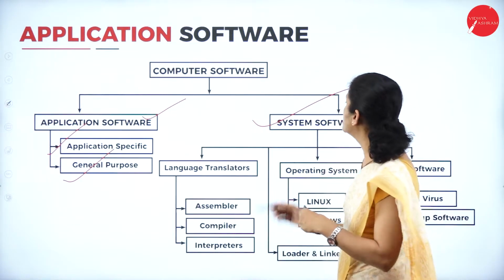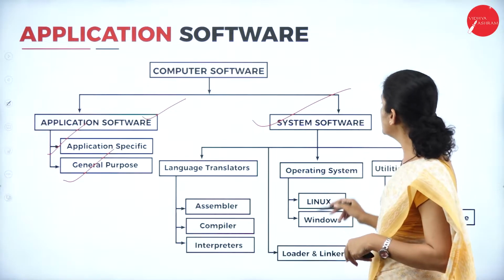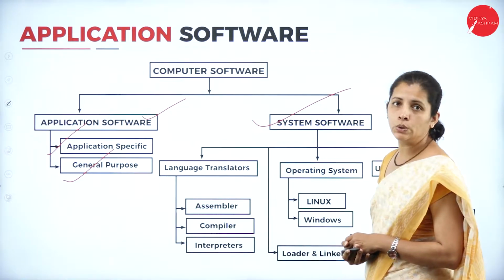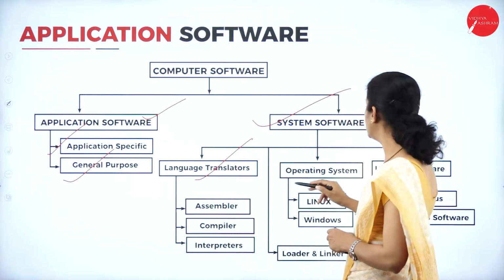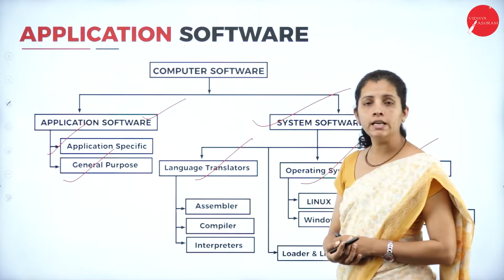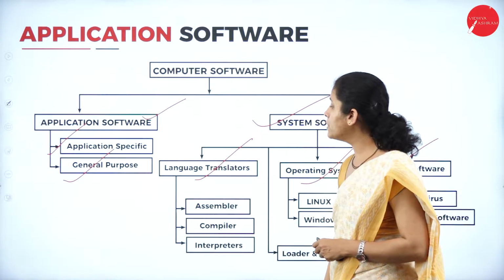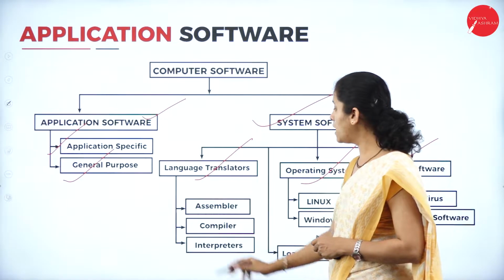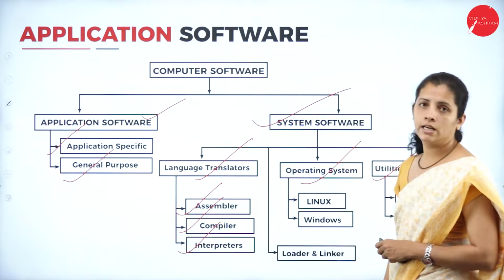If I go with system software, the system software is once again categorized into three different types, that is language translator, operating system, along with that utility software. So here, if I consider language translators, I'm going to have assembler, compiler, along with that interpreter.